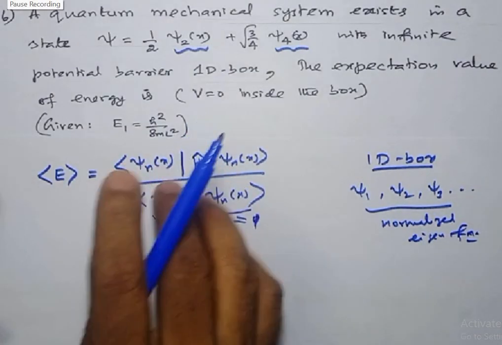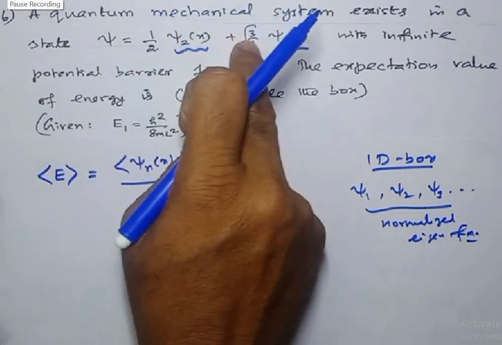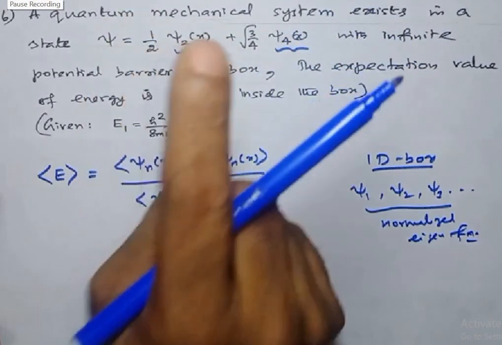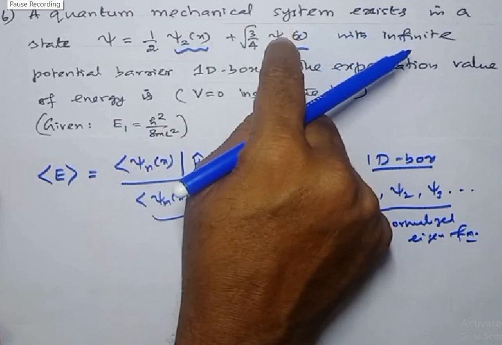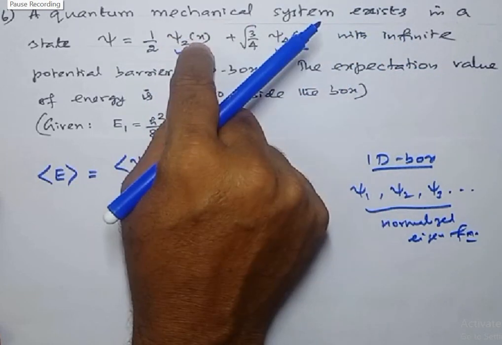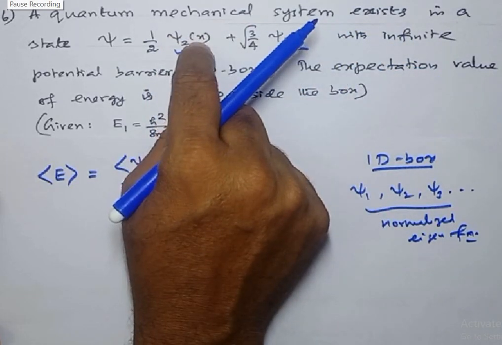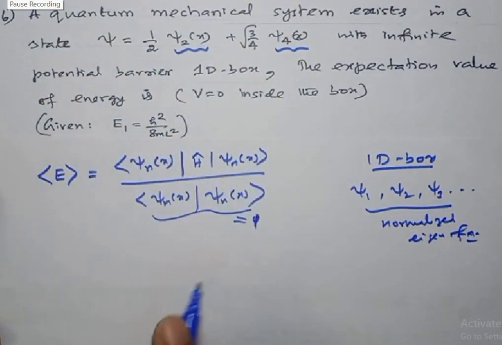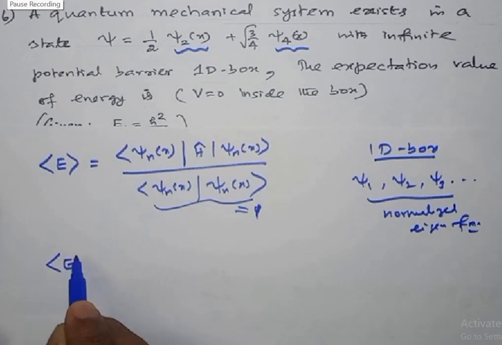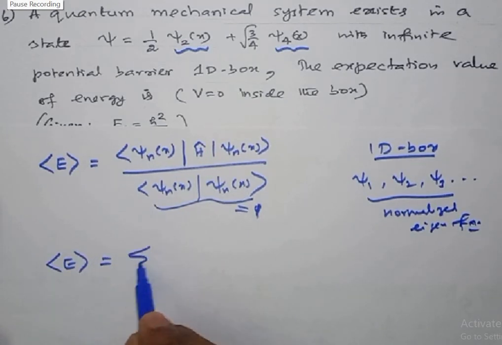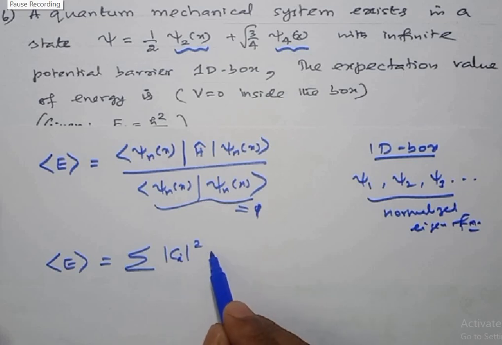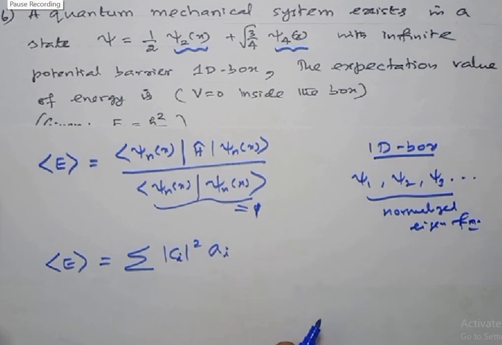And if the wave function is given as a linear combination of eigenfunctions, then the average value of energy, or expectation value of energy, can be written as the summation of the square modulus of the coefficient of the ith function into the eigenvalue of the ith function.